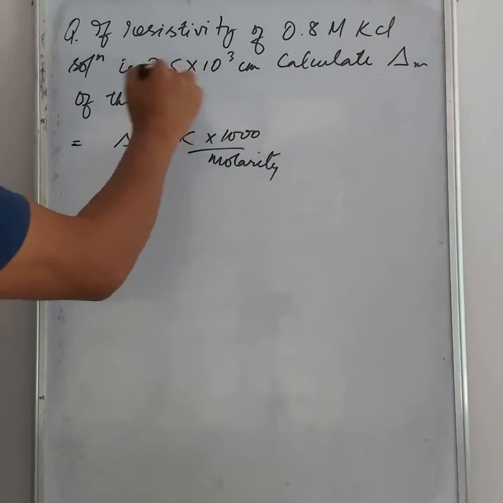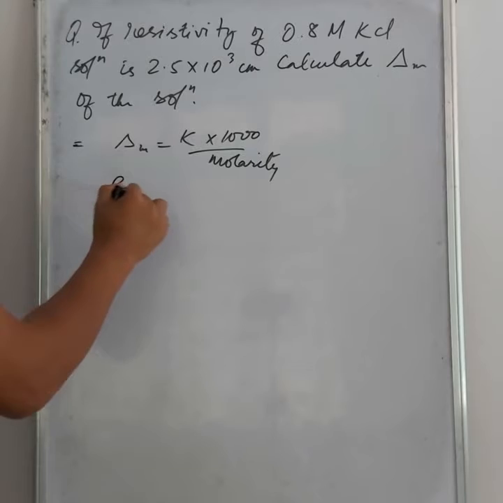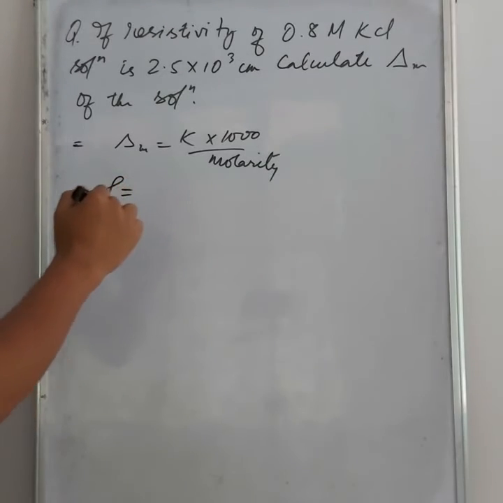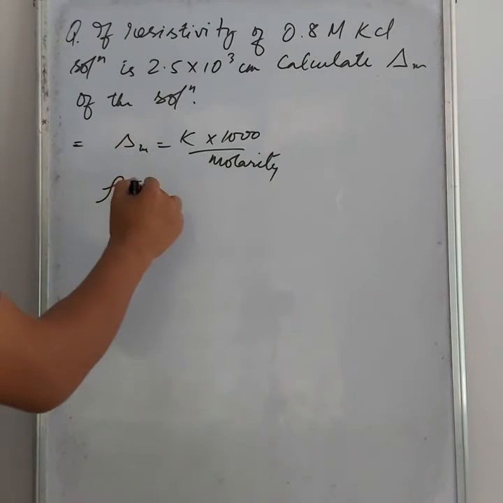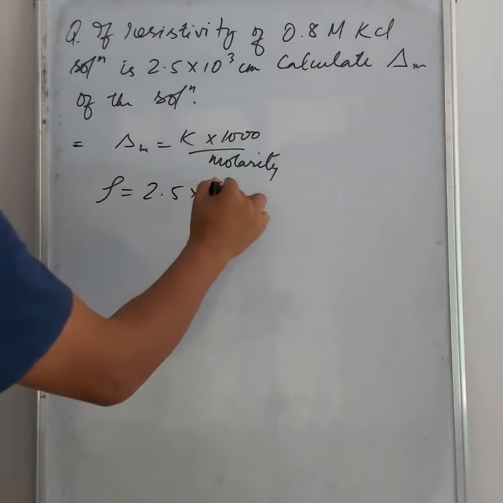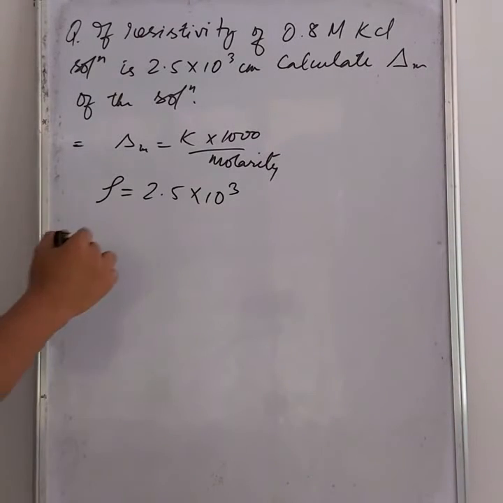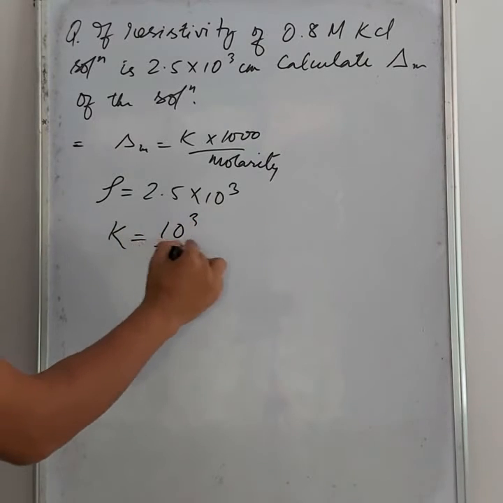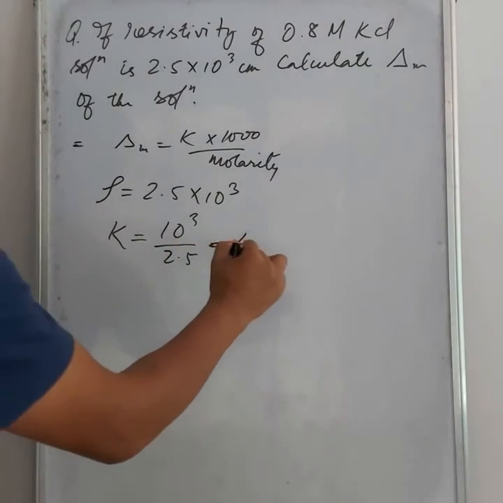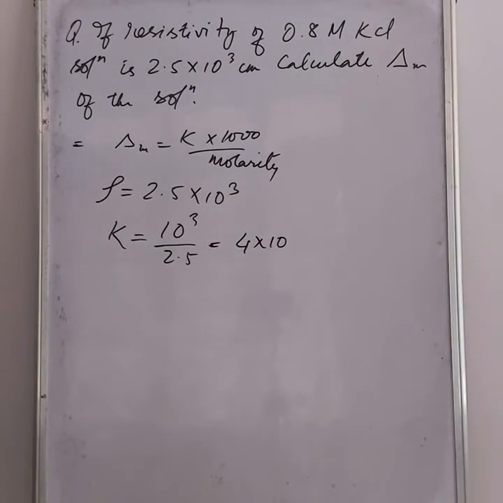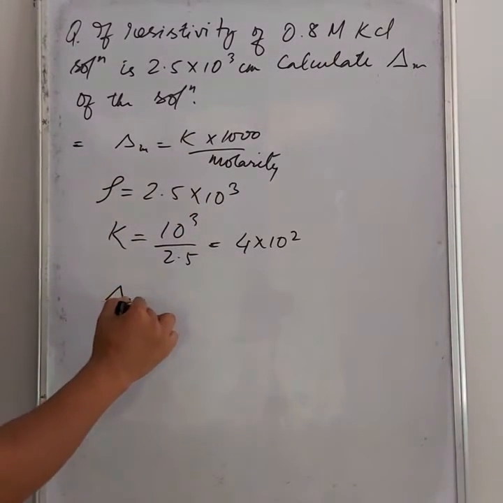But before that, they've given us the resistivity rho as 2.5 into 10 raised to the power 3. So our kappa would be nothing but 1 over rho, that is 10 raised to the power 3 over 2.5, which is 4 into 10 raised to the power 2 (as given). So if we plug in these values, we'll get the molar conductivity.